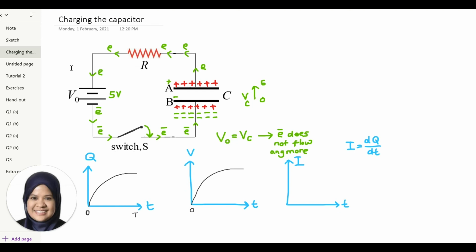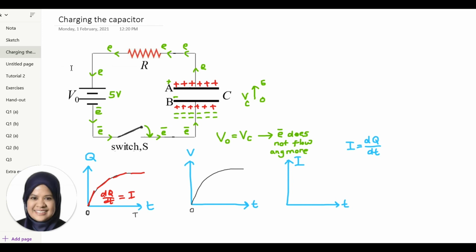Ataupun kalau susah nak kaitkan, awak boleh nampak pada saya punya graf QT. Kita tengok dia punya kecerunan. Kecerunan dq over dt equals to I lah. Okay, so we can see that kecerunan dia semakin daripada tinggi kepada kurang tinggi ataupun daripada sangat curam kepada kurang curam.